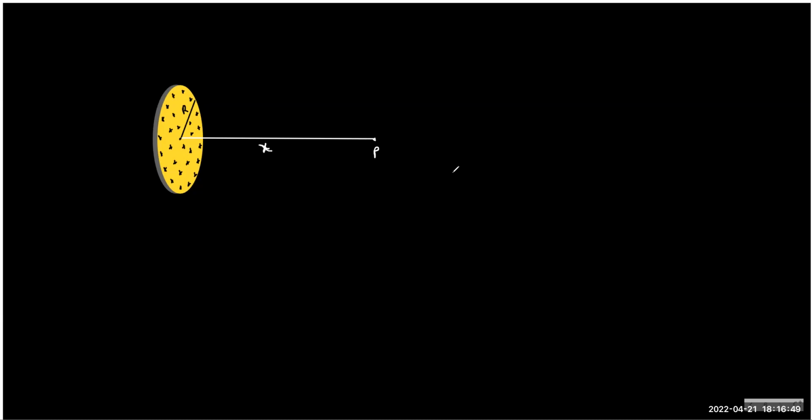So definitely we don't have the formula, but we can make an elementary ring out of the disk, right? Yes, sir. And the ring formula we have already derived.